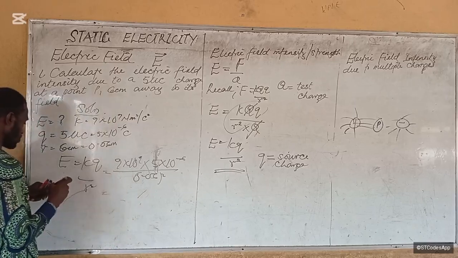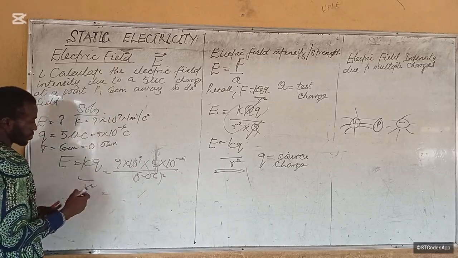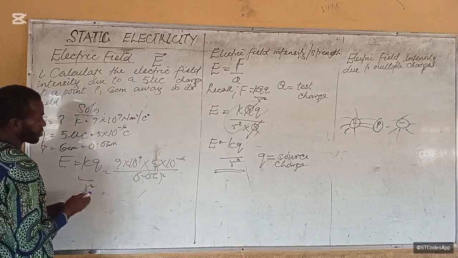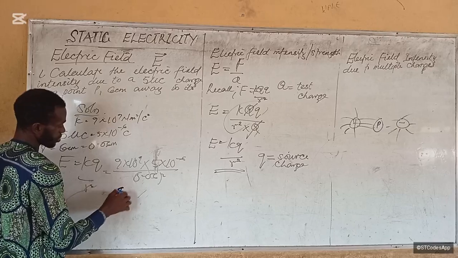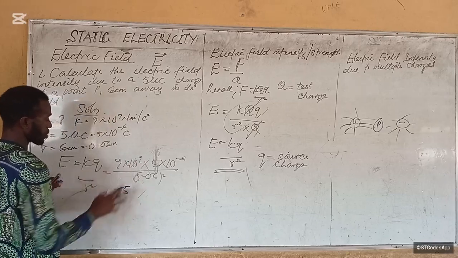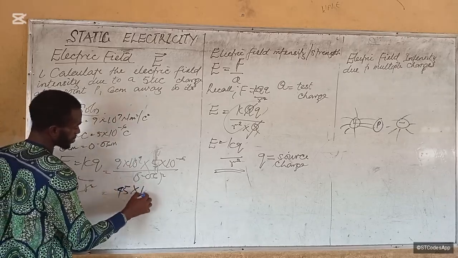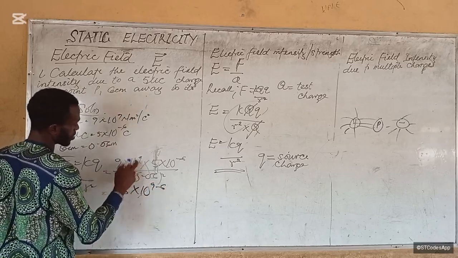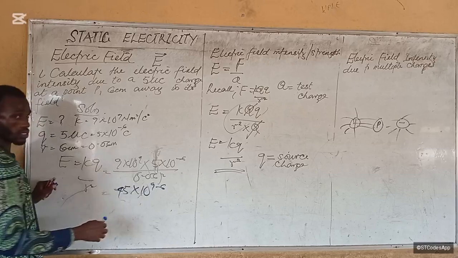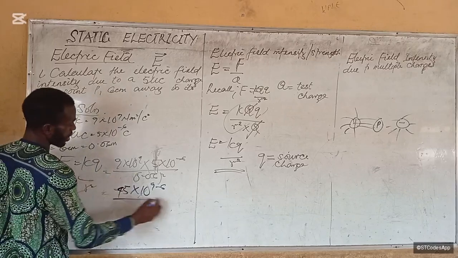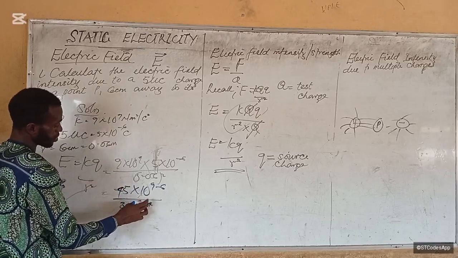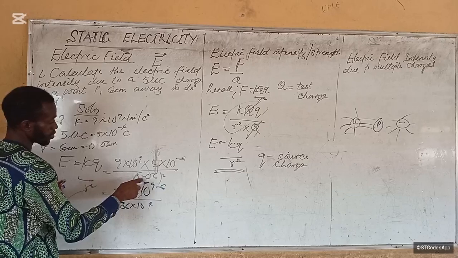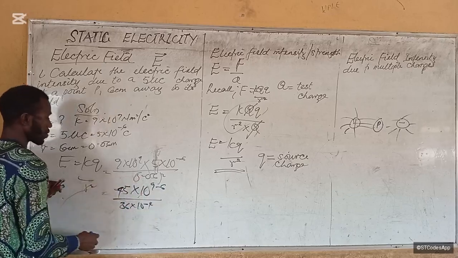It's going to give us 9 times 5, let's just separate the 5, times 10 to the power 9 minus 6. Is that clear? So from here, over 36 times 10 to the power minus 4.